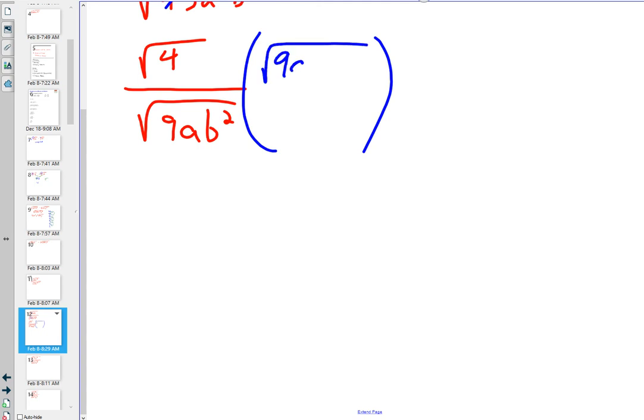So square root of 9ab squared over square root of 9ab. Anything divided by itself is 1. Times 1 is itself, so I'm not changing the value of the red. When I multiply the red by the blue there, it's not changing what the red is worth. In reality, you're multiplying by 1. But you're going to change the appearance.